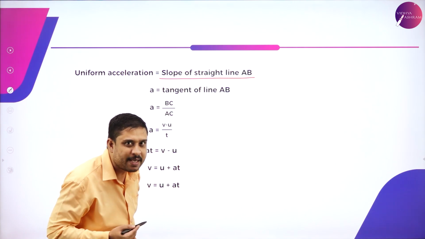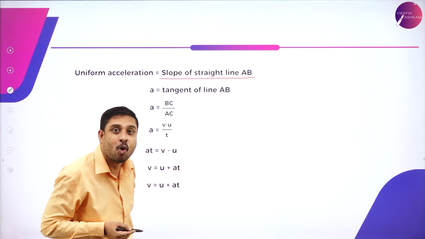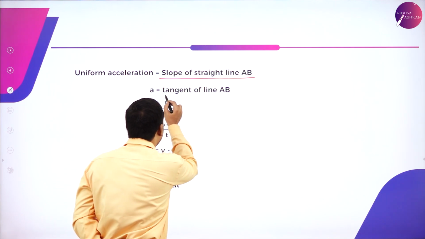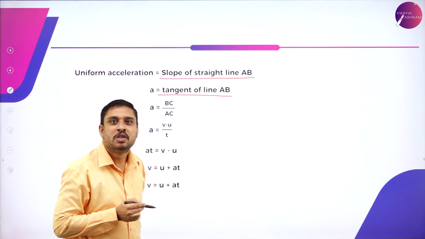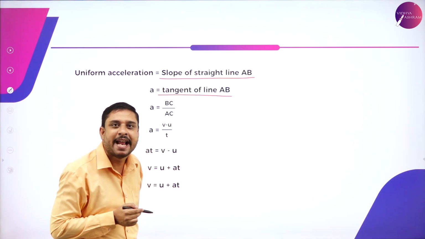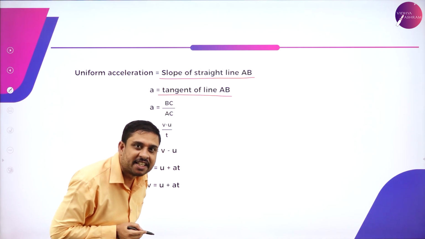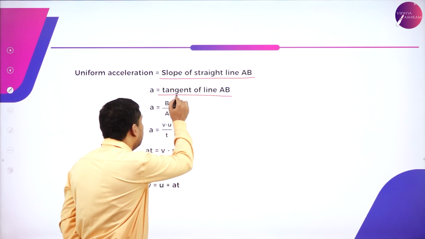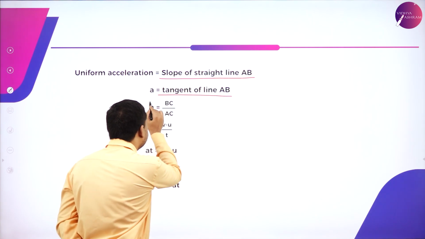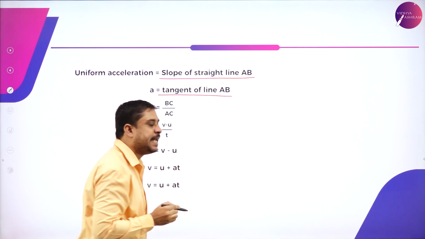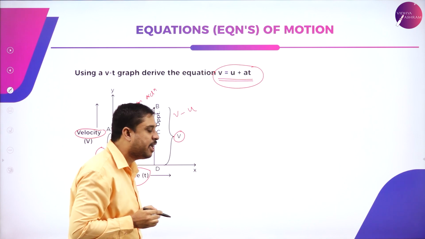From your high school geometry, how will I find the slope? Slope is nothing but tangent. The slope of a straight line is nothing but the tangent of that straight line. So the slope of the straight line AB is nothing but the tangent of the straight line AB.